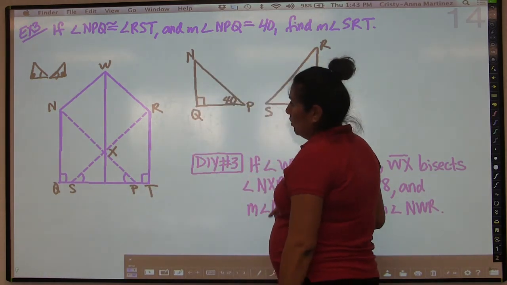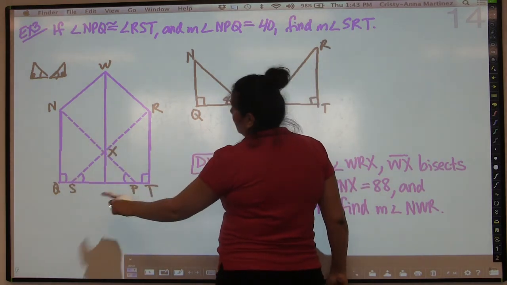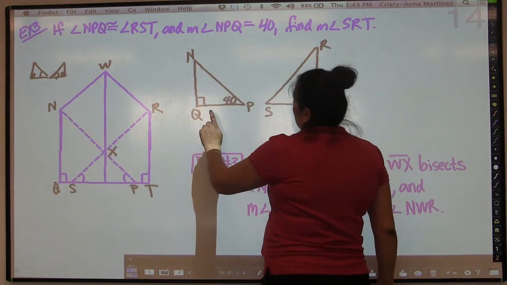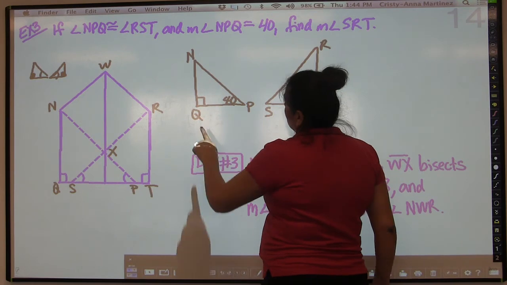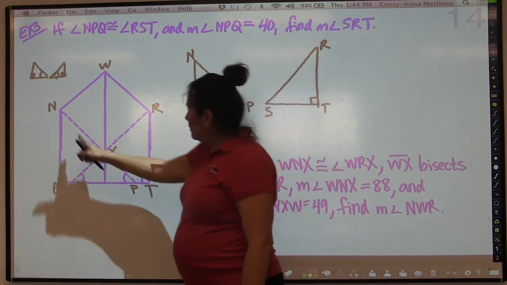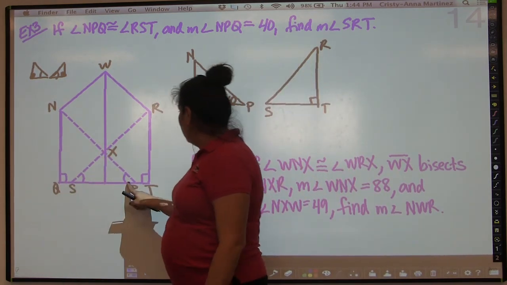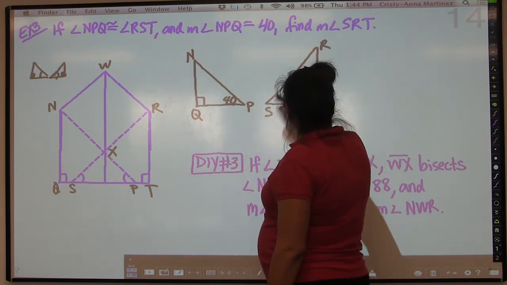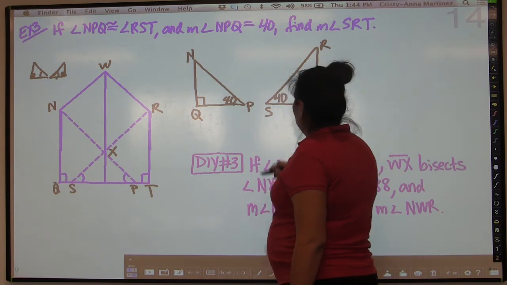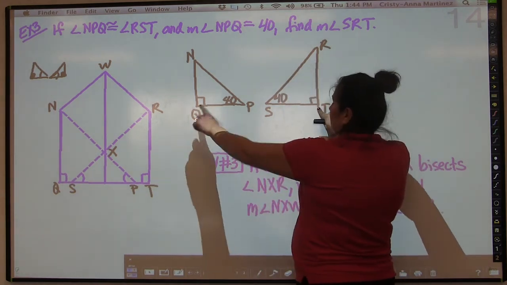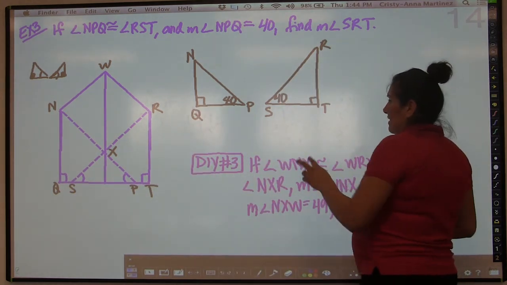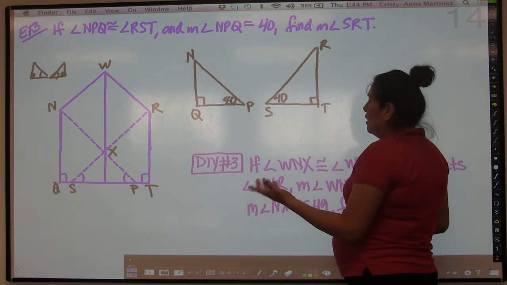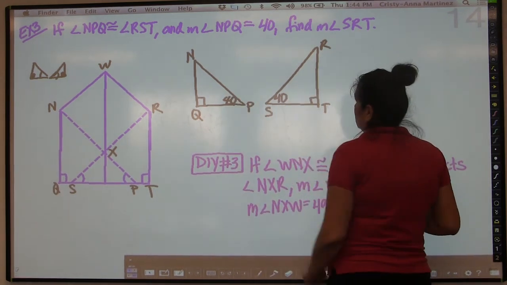Okay, so we already knew that angle NPQ was 40 degrees. So here's NPQ, that angle right there is 40 degrees, and it's congruent to RST, so this is also 40 degrees. And what you have is that these two are both 90, so we have two triangles that have two angles that are already congruent, which means that N and R must be congruent.